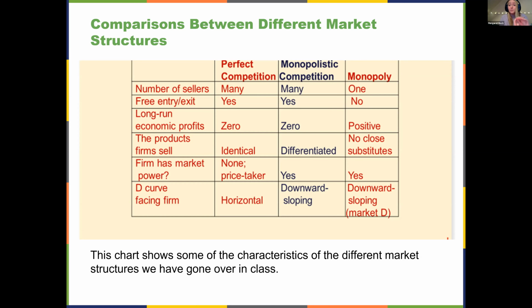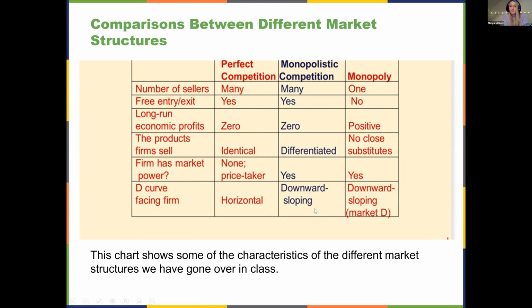That is, if one firm decides to charge a price that's even slightly higher than the prevailing market price, then no one will buy from that firm because everyone else is selling the exact same thing. So why would you pay more for something that's identical? And then we saw that in the monopoly's case, they face the market demand curve.